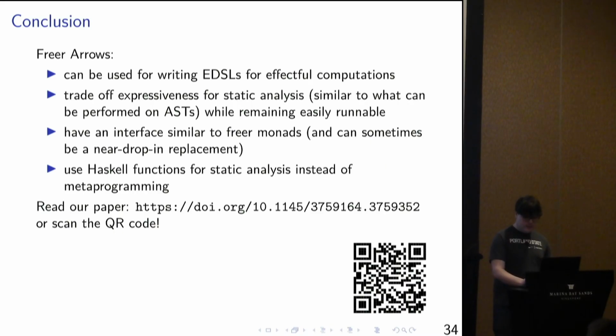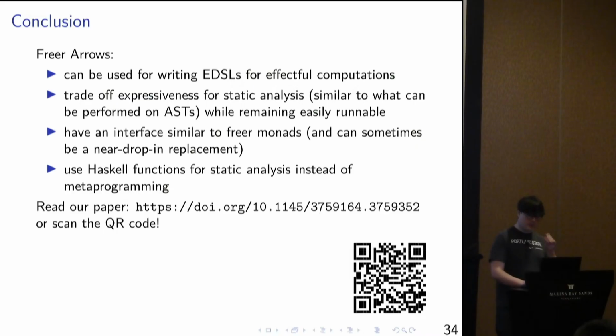So in conclusion, freer arrows seem to be useful for writing embedded domain-specific languages for effectful computations. They do trade off expressiveness for static analysis. You can do operations similar to what can be performed on an abstract syntax tree. One note on that is that it's not an abstract syntax tree.